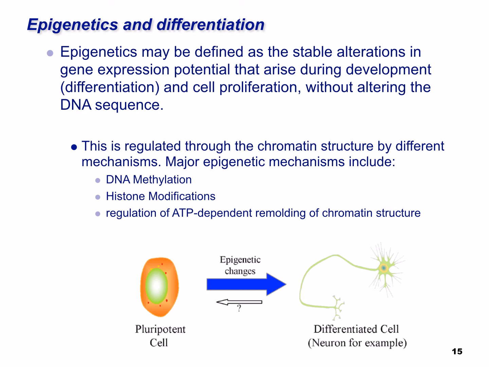And there's been multiple evidence suggesting that the maintenance of lineage commitment of stem cells is controlled by epigenetic mechanisms, including DNA methylation, histone modifications, which include acetylation and deacetylation, as well as regulation of ATP-dependent remodeling of chromatin structures.